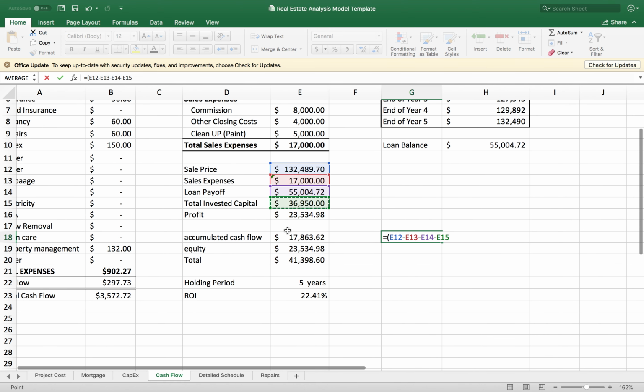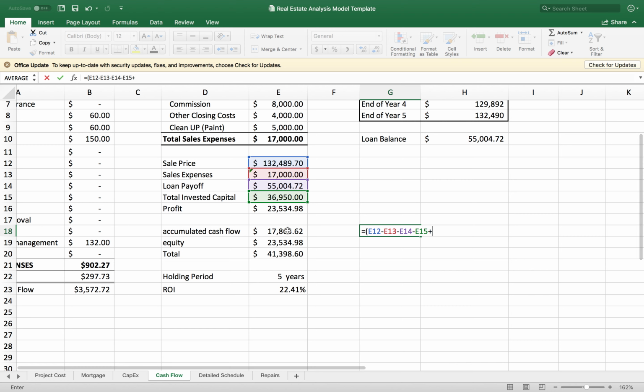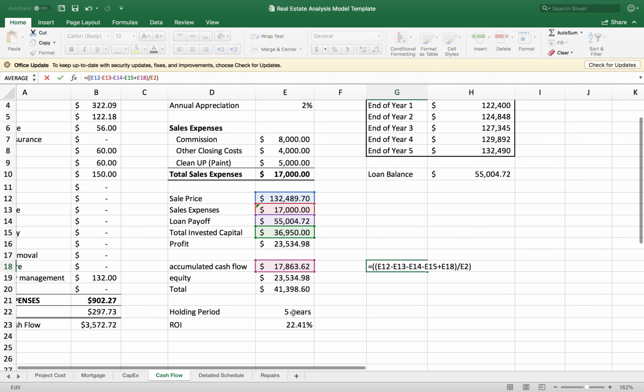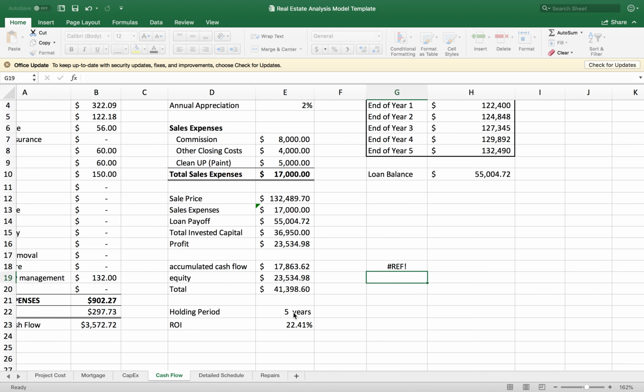Then you want to add any accumulated cash flow, and then divide that by your initial investment. Now remember, we are holding this property for 5 years, so we're going to add another parentheses and divide that by the number of years we held the property, which would be 5. And that should give us the same number that we get here.